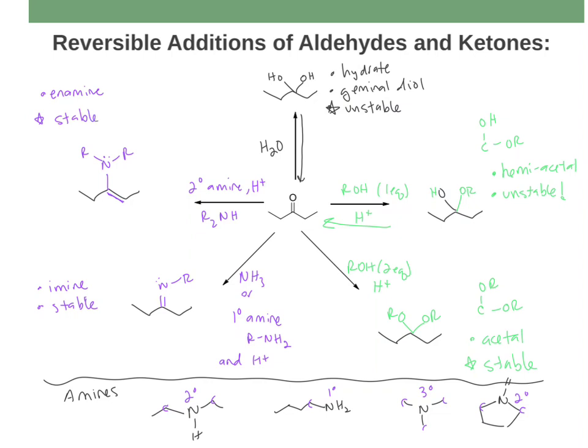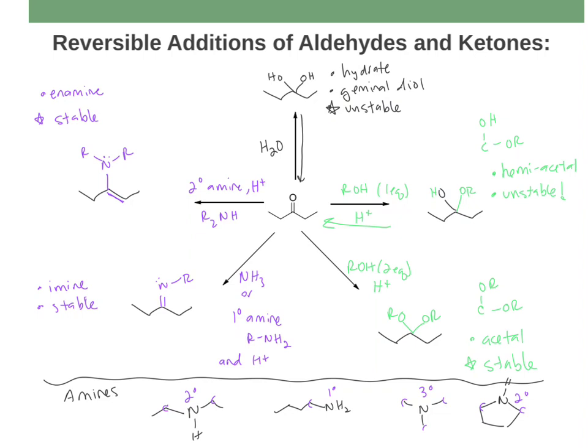So these are the 5 different really, really easily reversible additions to carbonyls that we're going to talk about. The hydrate's really, really unstable. It just falls apart automatically. Same thing with the hemiacetal. It's really unstable. It falls apart automatically. And then for the acetal, imine, and enamine, they're very easy to reverse, very, very fast.